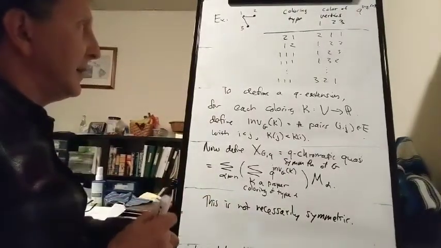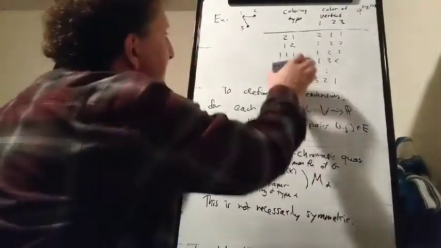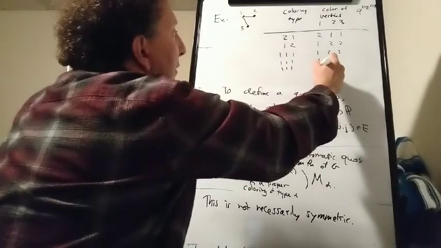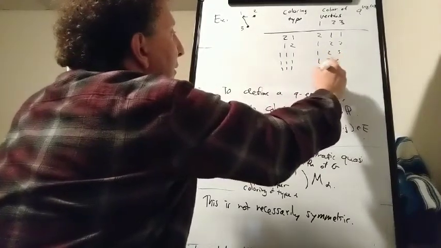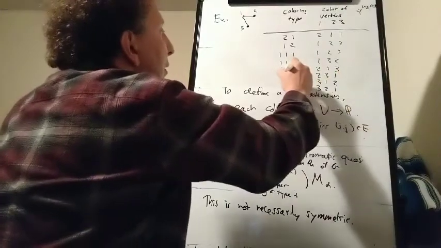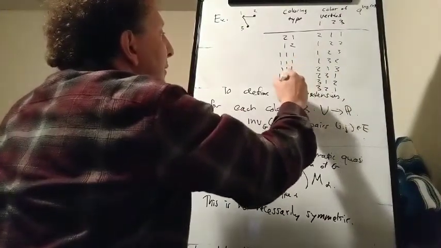In fact, maybe we should write out all of them: 2, 1, 3, 2, 3, 1, 3, 1, 2, 3, 2, 1. All of type 1, 1, 1.